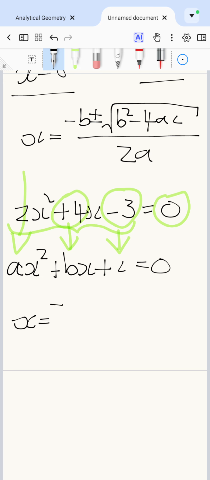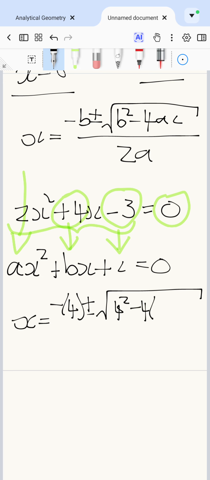So minus the b value, which is 4, plus minus the square root of the b, so that's 4 squared, minus 4, that comes from the formula, the a is our 2, and the c is that negative 3. All of this gets divided by 2, and the a value was 2.